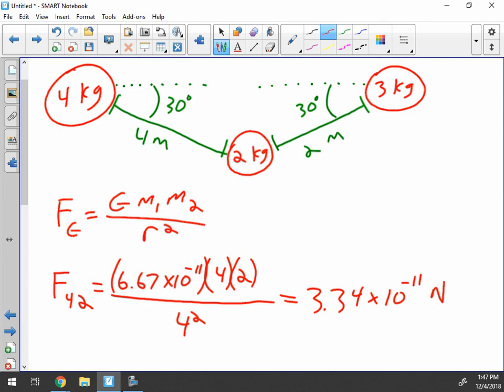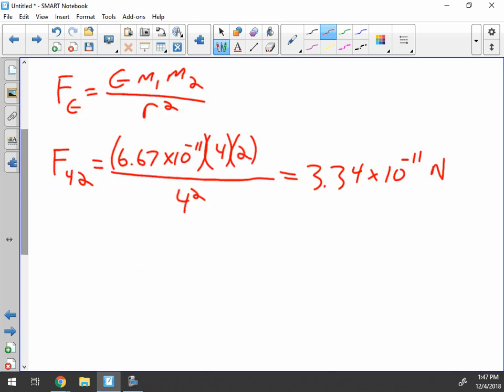And now we're going to do the same thing between the 2 kilogram object and the 3 kilogram object. So we have the force between object 3 and object 2. We have the same gravitational constant, 6.67 times 10 to the negative 11.